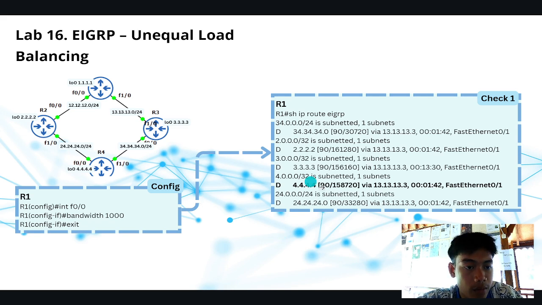Summary: this lab demonstrates EIGRP unequal-cost path behavior. Number 1, EIGRP normally does equal-cost balancing only. Number 2, when one path metric is changed by modifying bandwidth, EIGRP prefers only the lowest-cost path. Number 3, the second path is ignored unless we configure the variance command, which allows unequal-cost load balancing.